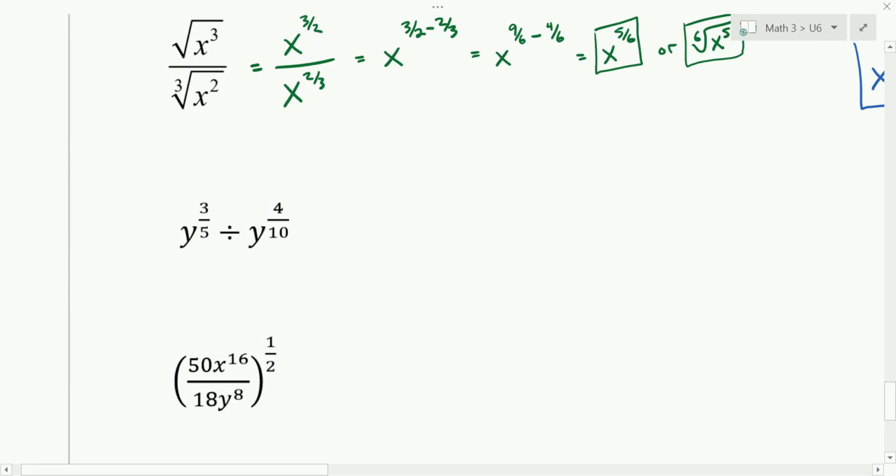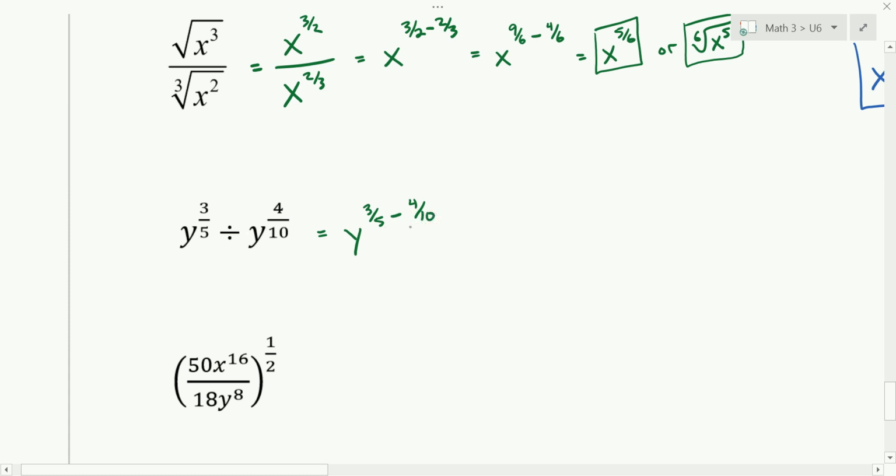Okay, y to the 3/5 divided by y to the 4/10. We know with division, if the bases are the same, you subtract the exponents. The exponent of the first fraction minus the exponent of the second fraction.